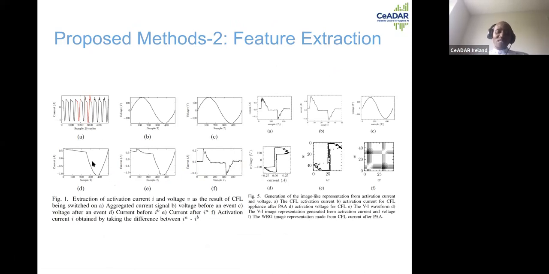So for example, this is the current before, this is the current after, and if you take this minus this, you get the activation current. It means this represents the appliance which has been activated, and then you transform this into an image-like representation using the adaptive weighted recurrent graph, and then you use a CNN for classification.